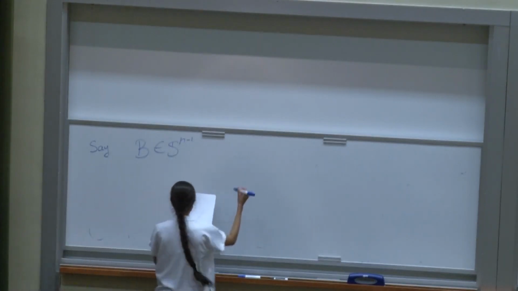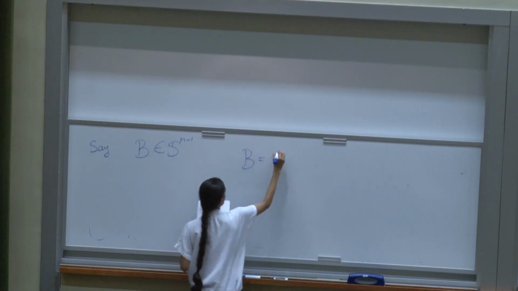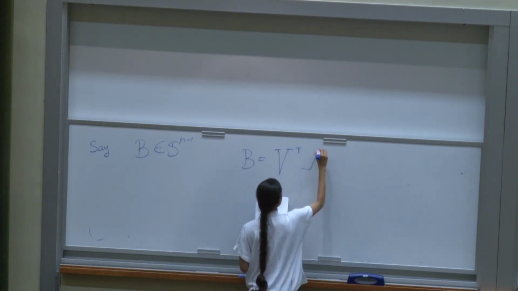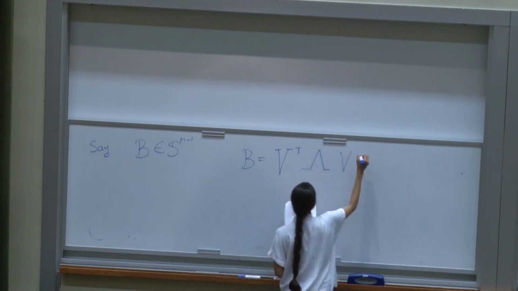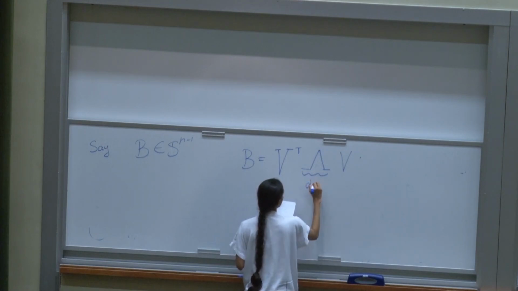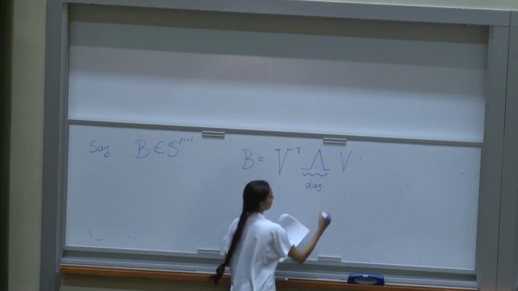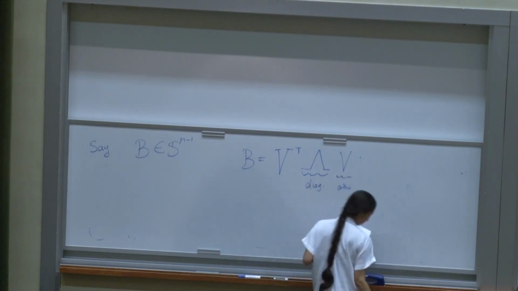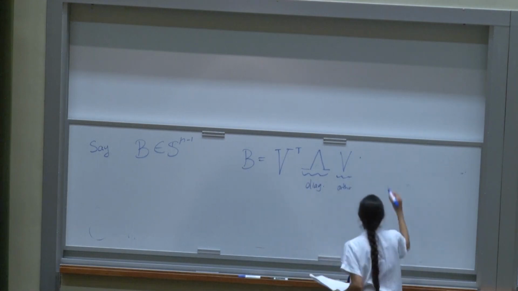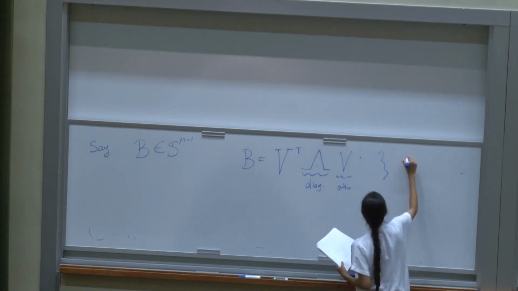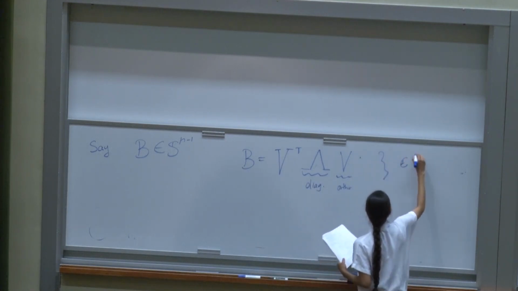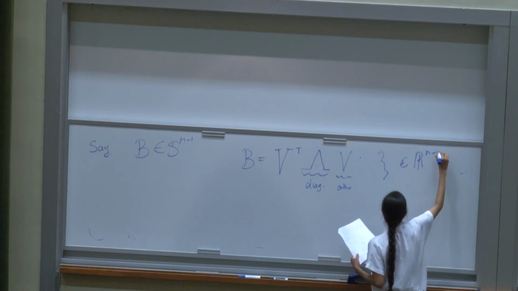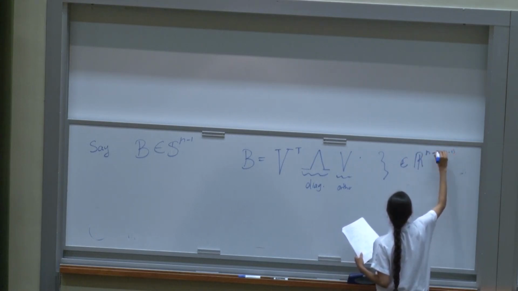So I can write B is equal to some V transpose times some lambda matrix times V, where this guy is diagonal and this guy is orthonormal. And remember, these are all now n minus 1 by n minus 1 dimensional matrices.